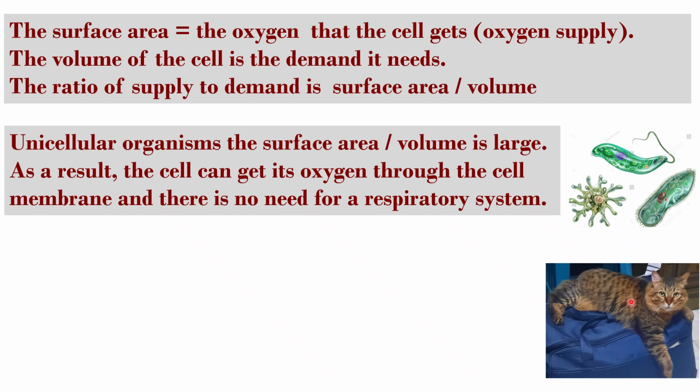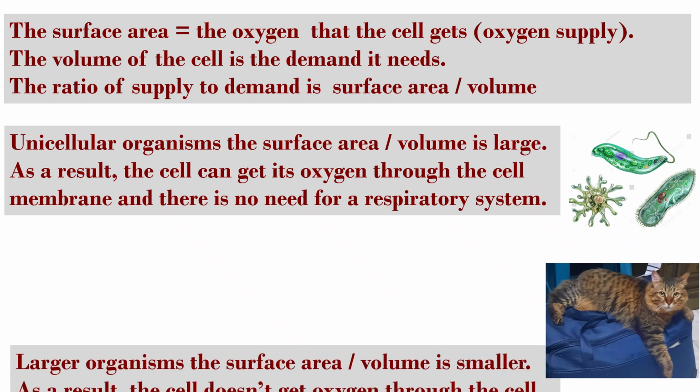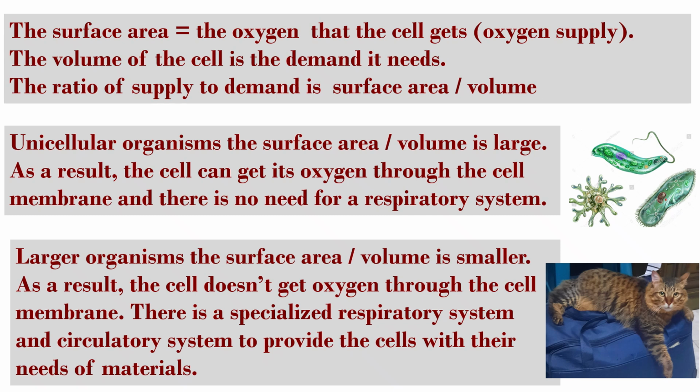My cat Tony is made of billions of cells. So now the surface area becomes small, the surface area to volume ratio becomes small. This means that the organism, like a cat, needs a lot of oxygen, but it cannot get that oxygen through the cell membrane.